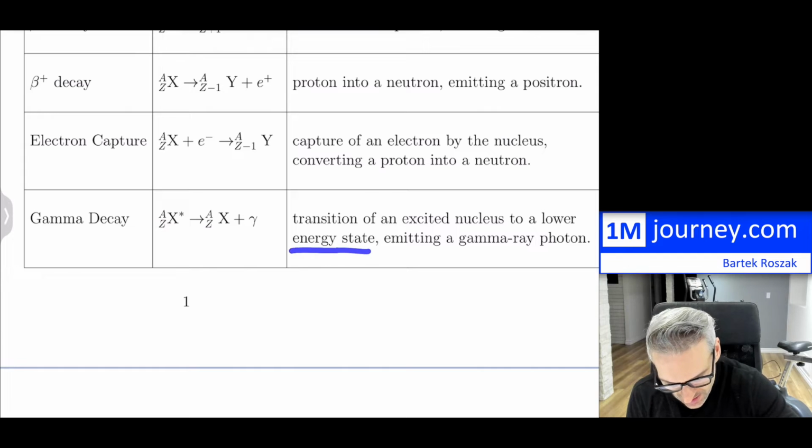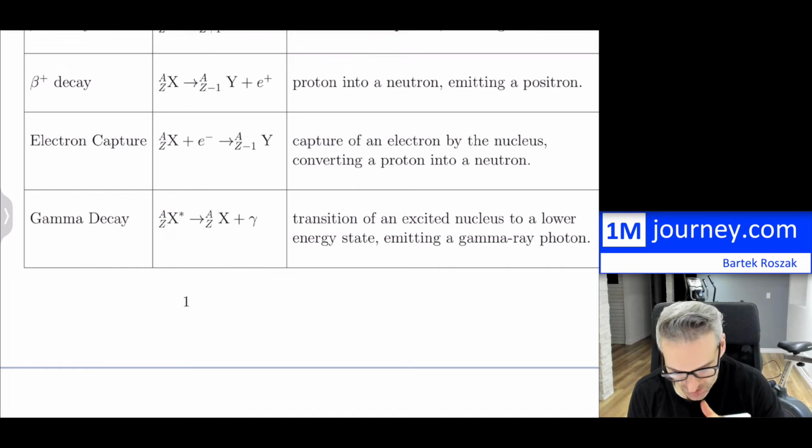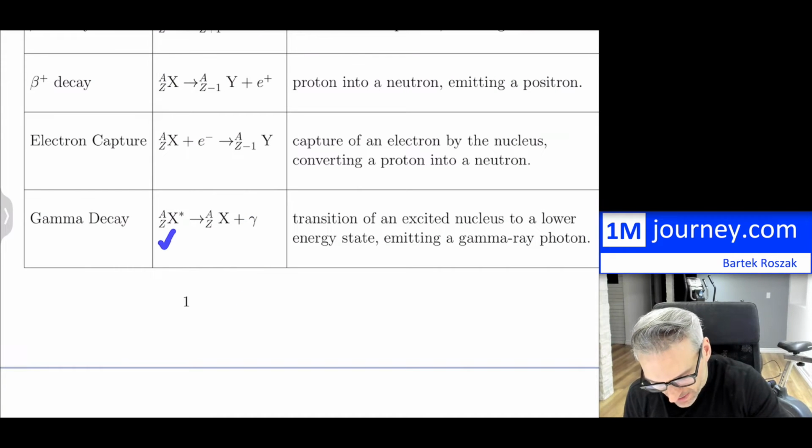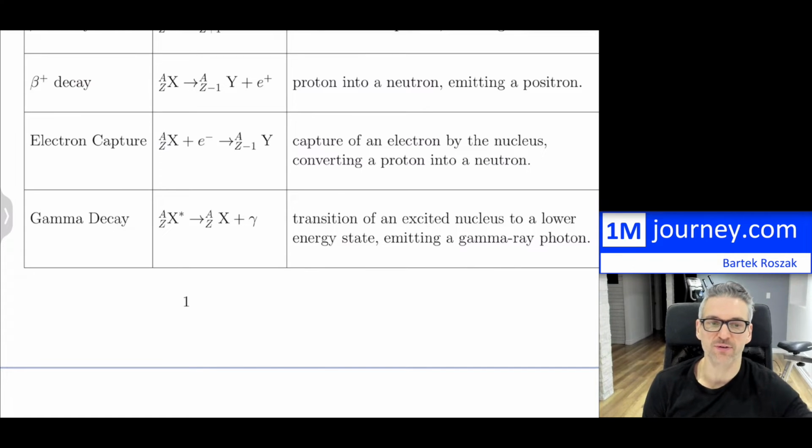So it goes from an excited nucleus to a lower nuclear state, emitting a gamma ray photon. That's how we designate this in terms of its reaction. But the parent and the daughter, these two, stay the same. It's still exactly the same atom that we are talking about. It's just energy that is given off so that it can come back to a lower energy state.